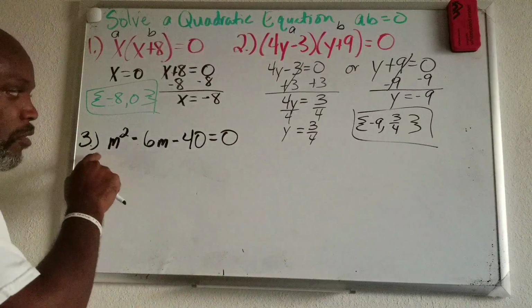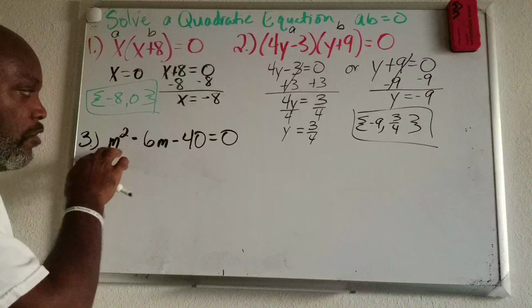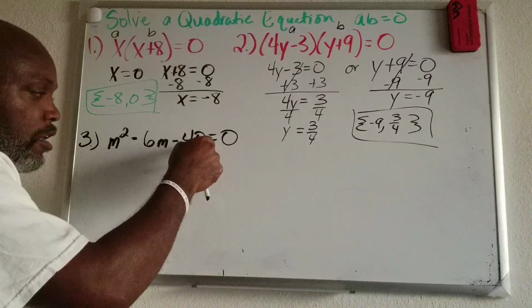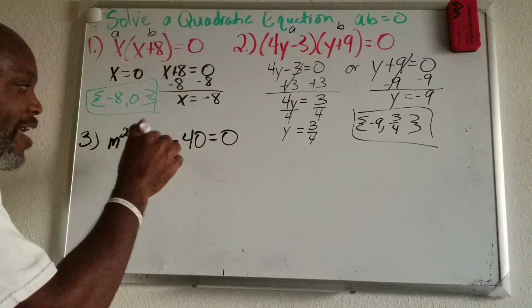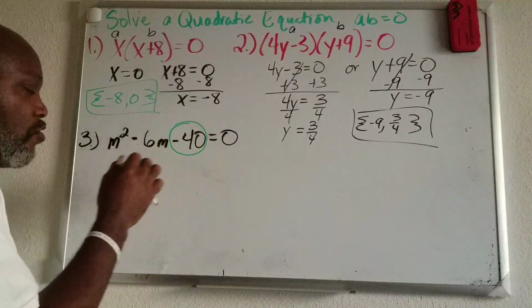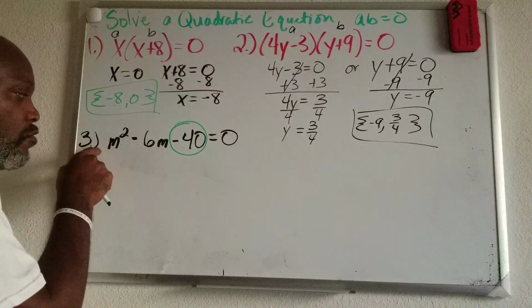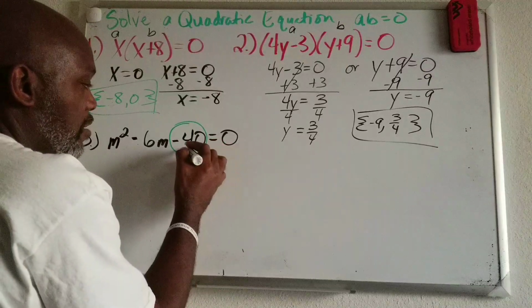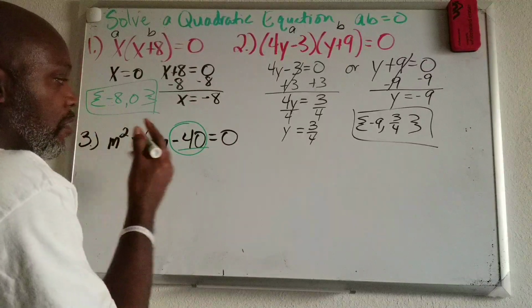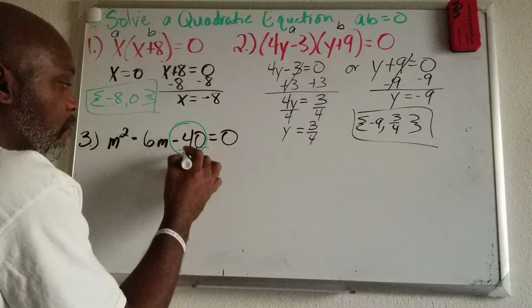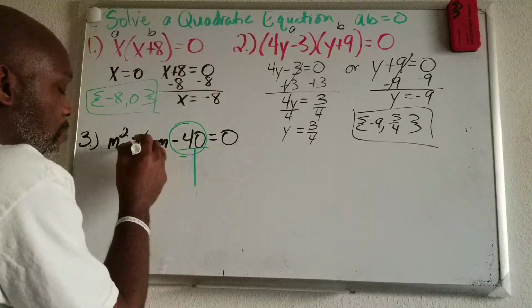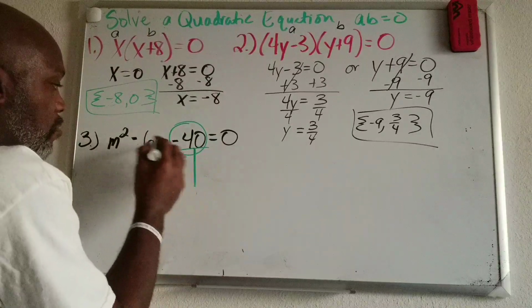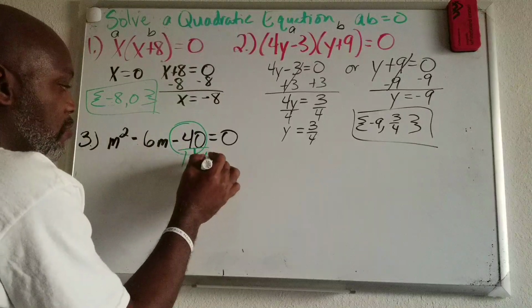All right, so we've seen these before. These are trinomials that are going to be equal to 0. So we have to take the last term, because remember, if the first term is 1, then we just take a look at the last term. We're going to break it down into factors. So it's negative 40, and the middle term is negative 6. So we have 1 times negative 40.